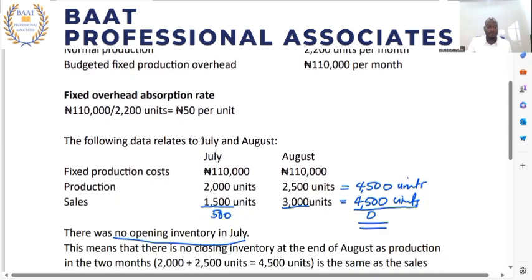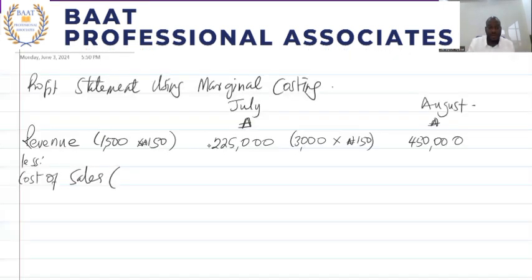Our production is 2,000. However, we are calculating cost of sales, so we still use the 1,500. So cost of sales here will be 1,500 multiplied by 70 naira. And here it will be 3,000 multiplied by 70 naira.